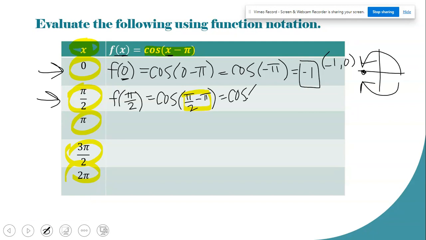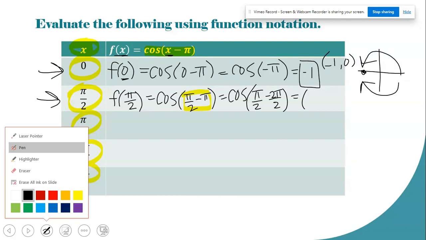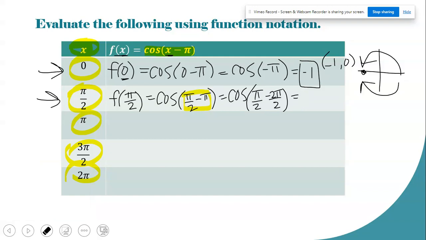You get cosine of pi over 2 minus 2 pi over 2. And if you take 1 pi and subtract off 2, you get cosine of negative pi over 2, which is going to put us right down here. And that coordinate is 0, negative 1. And cosine is the x value, so that actually gives us 0.